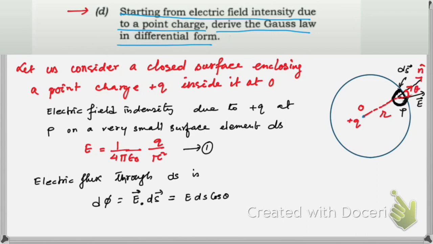Okay, now let us assume that the solid angle formed by this area element ds is suppose omega. So here let me write theta is the angle between vector E and n cap, right?